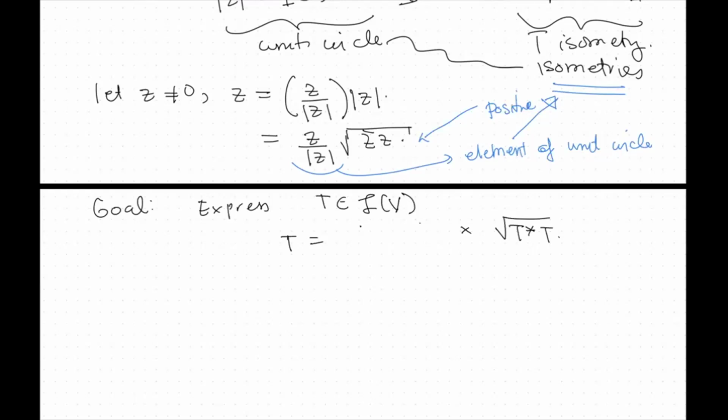This is the isometry, and then this is the usual positive operator that we have.